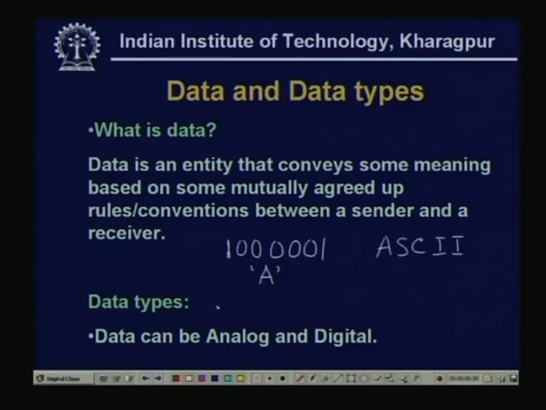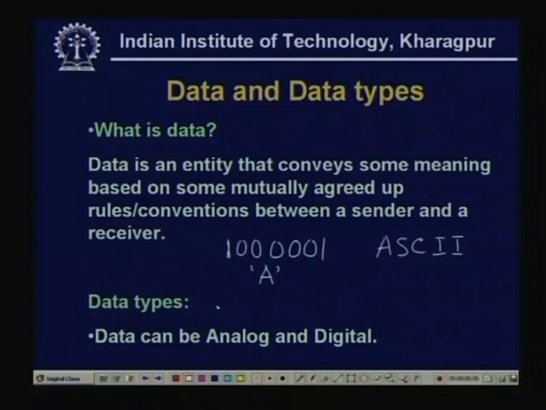For example, we hear many noise disturbances from the environment, but we do not interpret everything as data. But whenever we hear a music or song, then we can interpret it and understand the meaning of that song, and that can be considered as data.